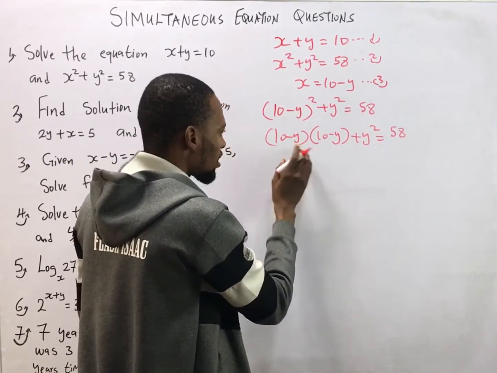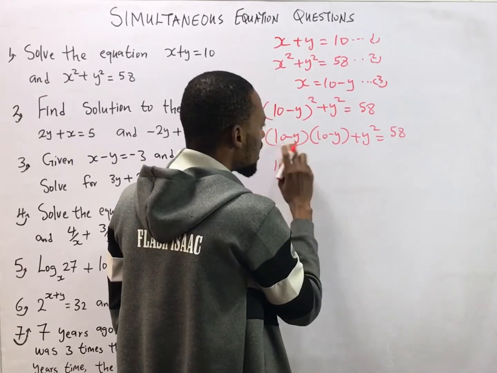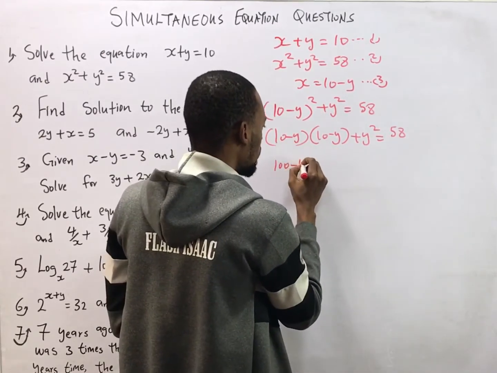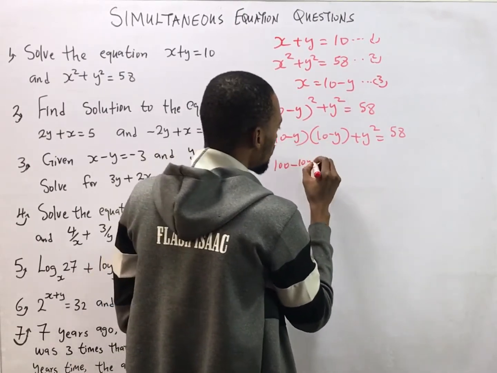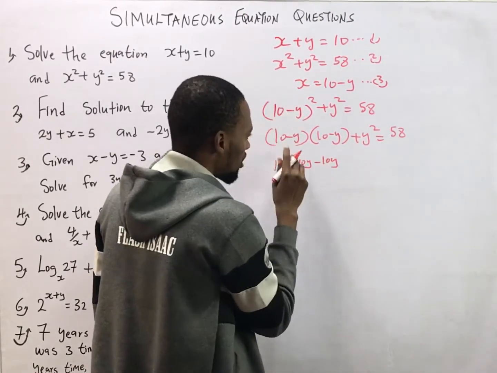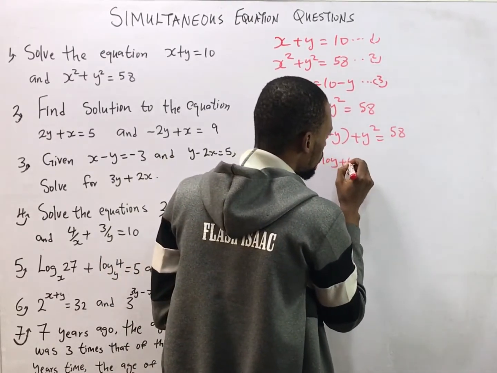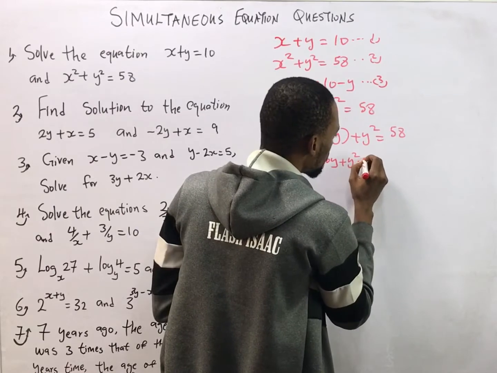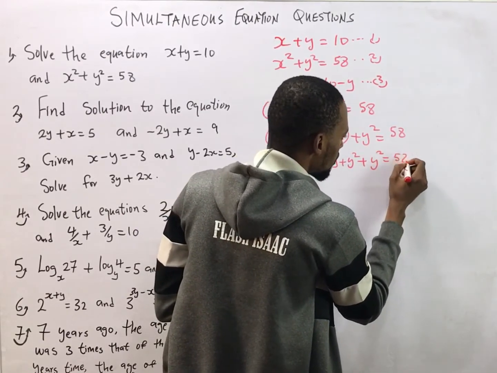Opening up this bracket, 10 times 10 is 100. 10 times minus y is minus 10y. Minus y times 10 is minus 10y. Minus y times minus y gives plus y squared. Then plus the y squared that is already here, equals 58.